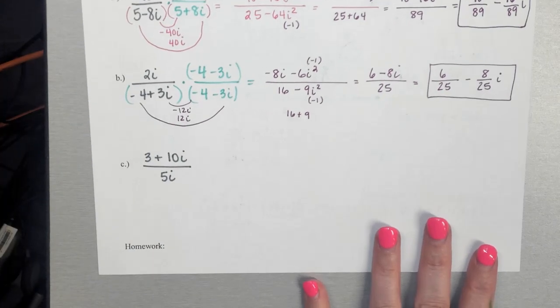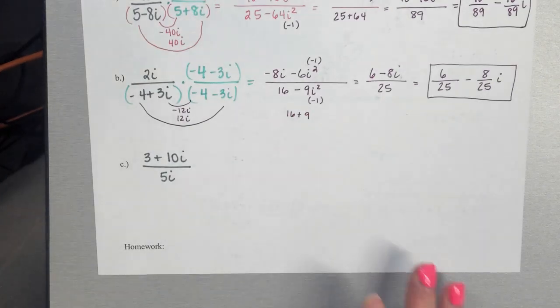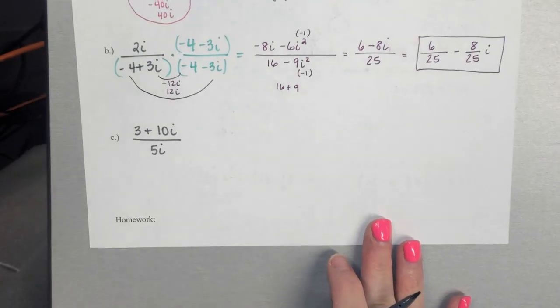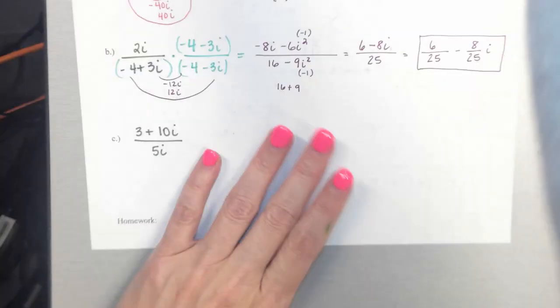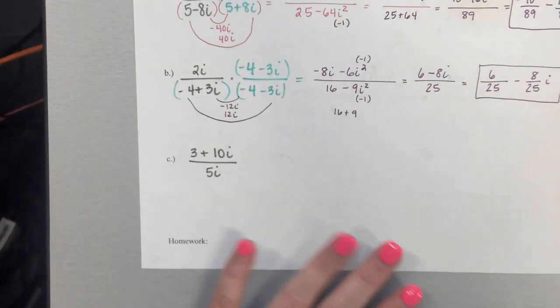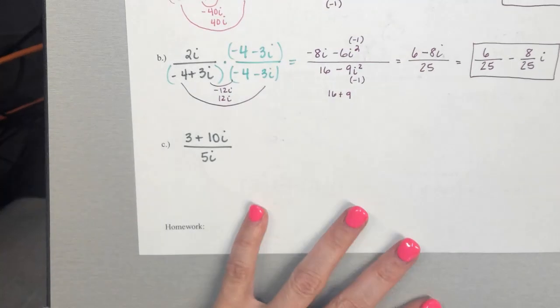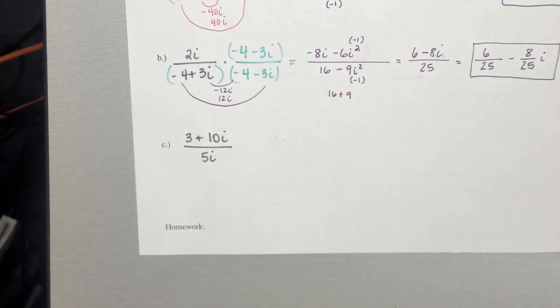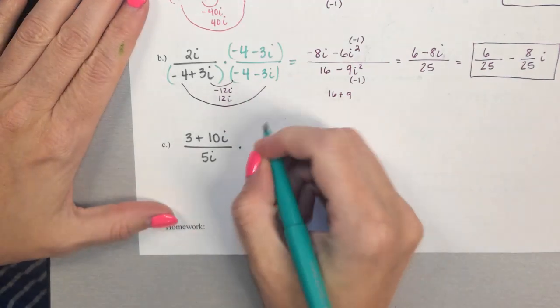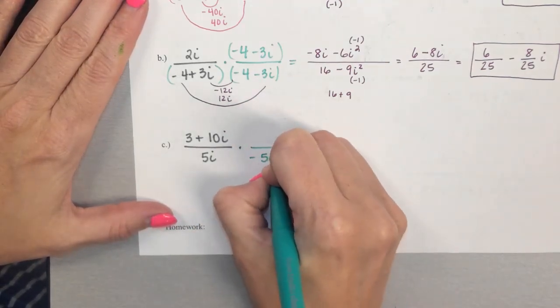All right, now for C, there's more than one way to do this correctly. So you always want to multiply by the conjugate of the denominator. Okay, so the denominator is 5i. What most people are going to do is multiply the top and the bottom by negative 5i.